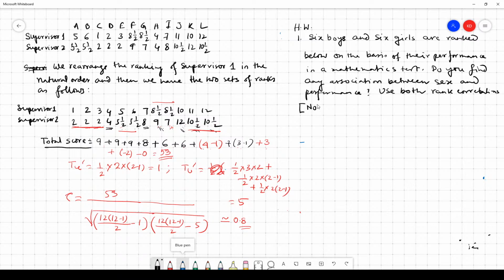Note, assume in ranking with respect to sex, boys are considered superior to girls.